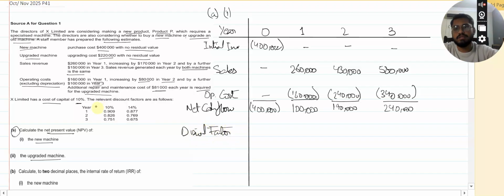So the discount factors are provided and the relevant discount factors are of 10% over here. So let's use that. For year 0, the discount factor would be 1, and in future this would reduce by 0.909, 0.826 and 0.751.